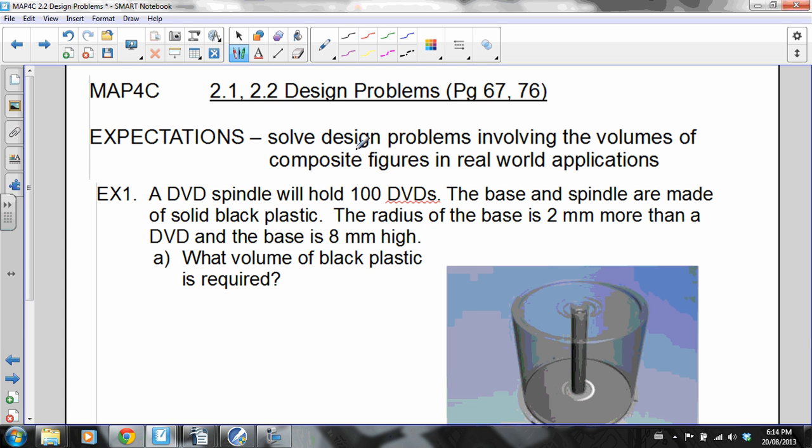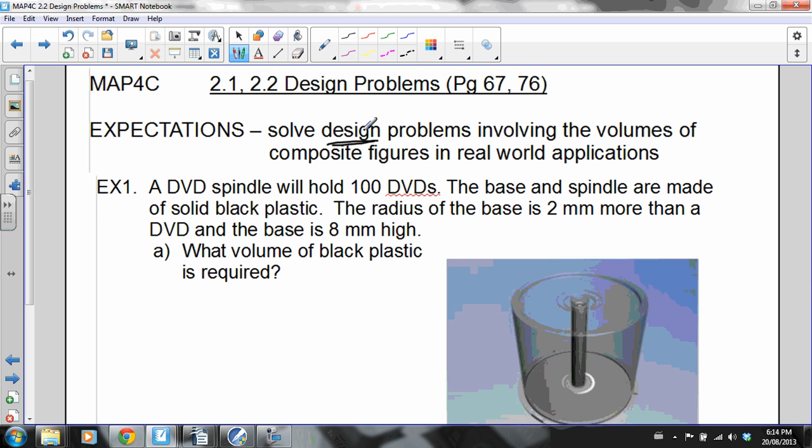The goal is to solve design problems involving the volumes of composite figures in real-world applications. These problems we're dealing with today are very practical in nature, and we're going to have to make some design decisions. Not all the information is going to be given to us in the question, as we'll see right away. A DVD spindle will hold 100 DVDs.